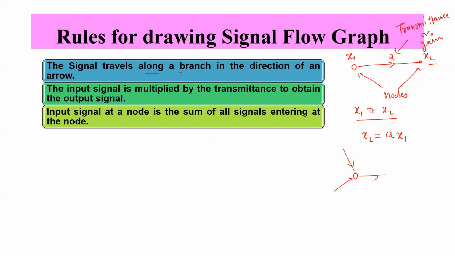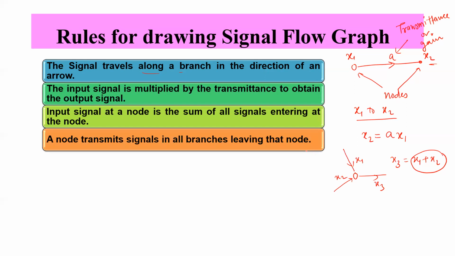If it is a node, and let us say x1 and x2 and x3, then x3 is equal to x1 plus x2. So at a node, all the signals entering that node are added. Then a node transmits signal in all the branches leaving that node. So this is the branch which is leaving the node, and it will transmit the signal to other branches.